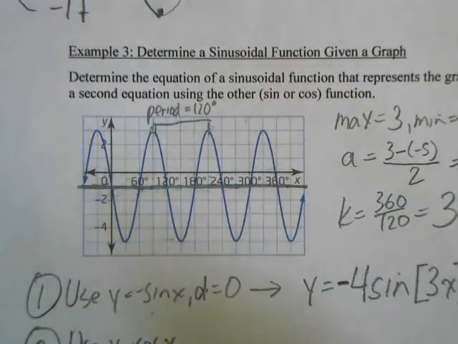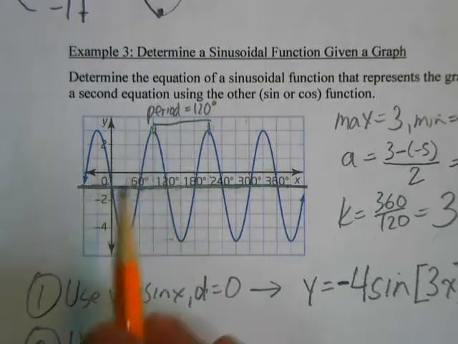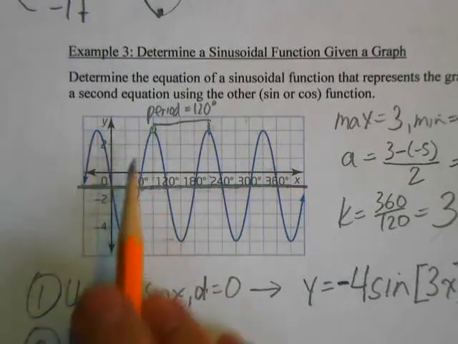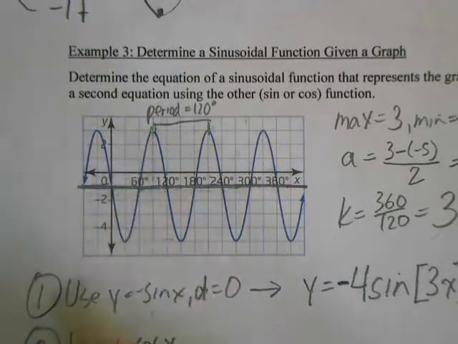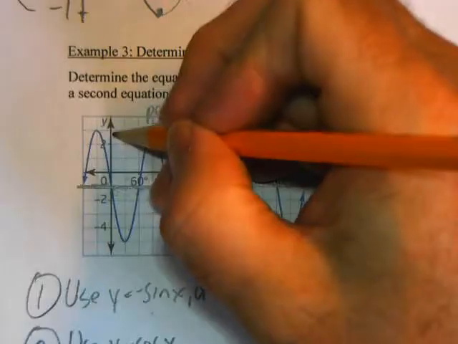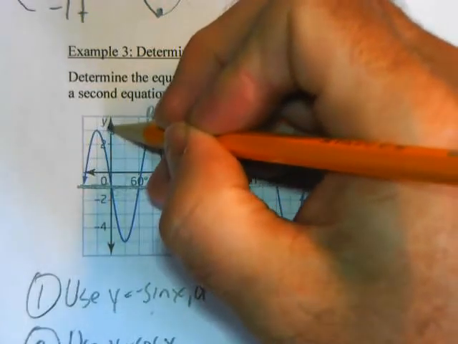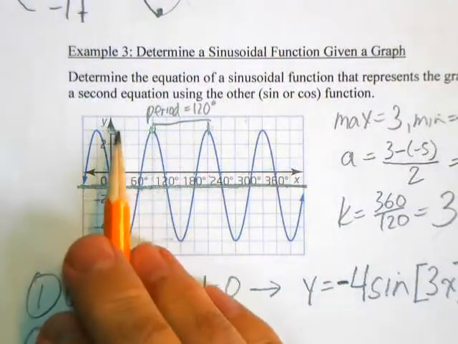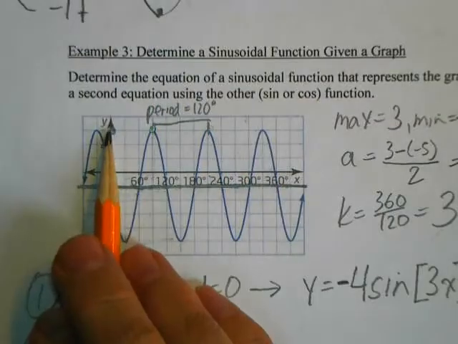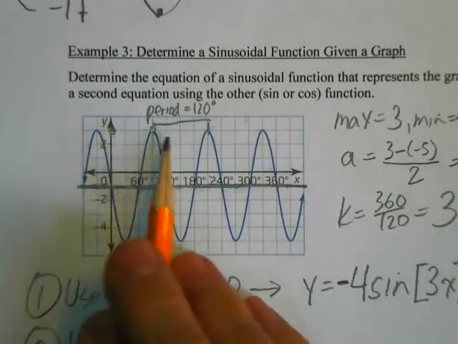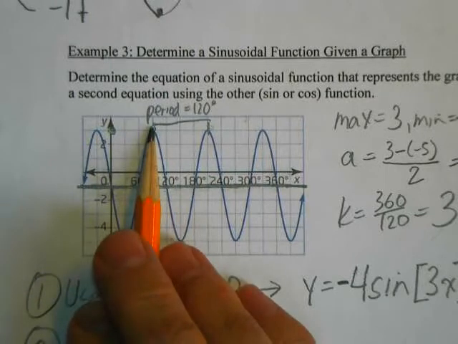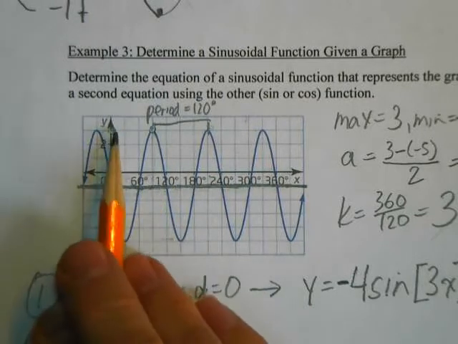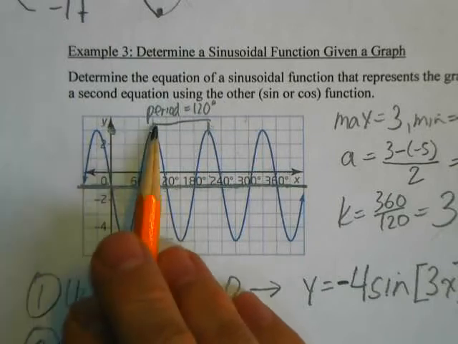Now if I use y equals cos x, what's the phase shift for cos x to get to our graph? Normally cos x would start right here. At the beginning, it starts at the maximum. Our function has its maximum here, so what do I have to do to cos x to turn it into our graph?